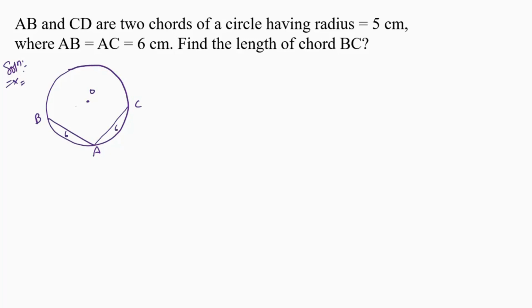So let's join OB, OC and OA. These are 5 cm as these are the radius OB, OA and OC, and we have to find the length BC.